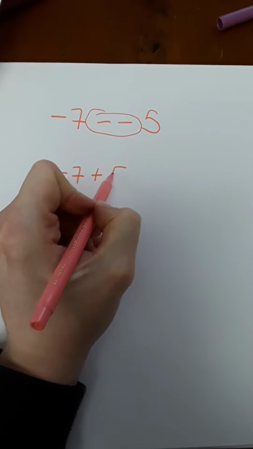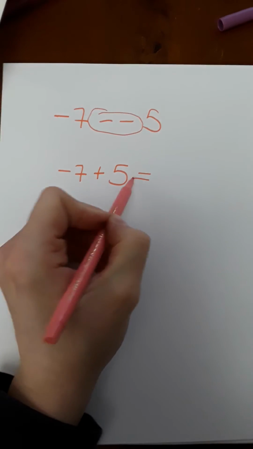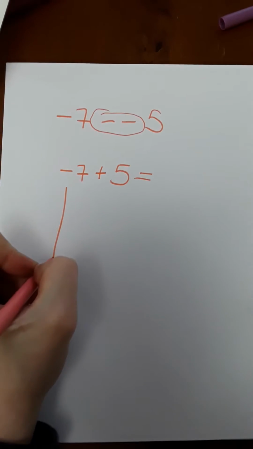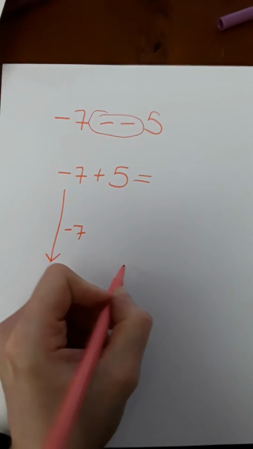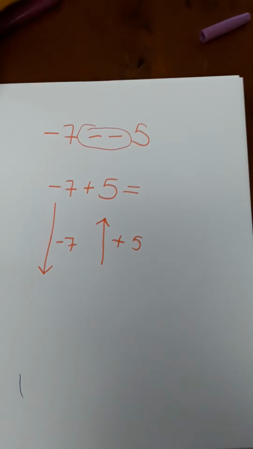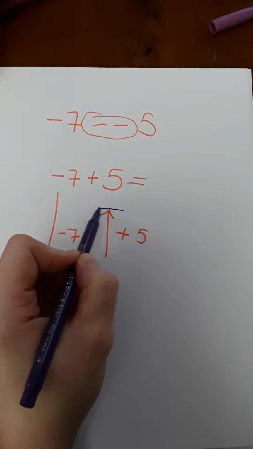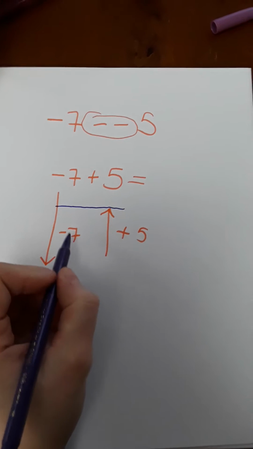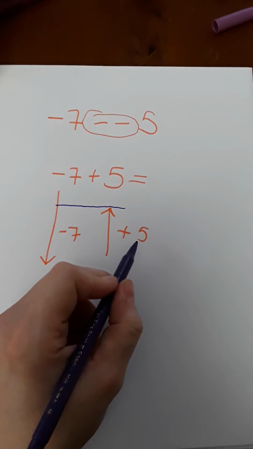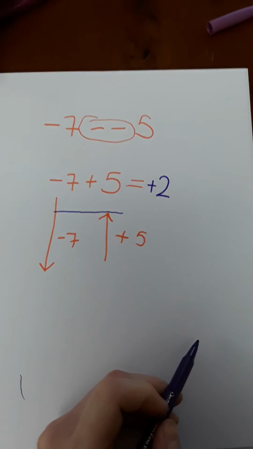Okay, so really this means we're going down by 7, but then from there we're going up by 5. So the end calculation is where we end up to here. The difference between 7 and 5 is 2, so we actually end up with positive 2.